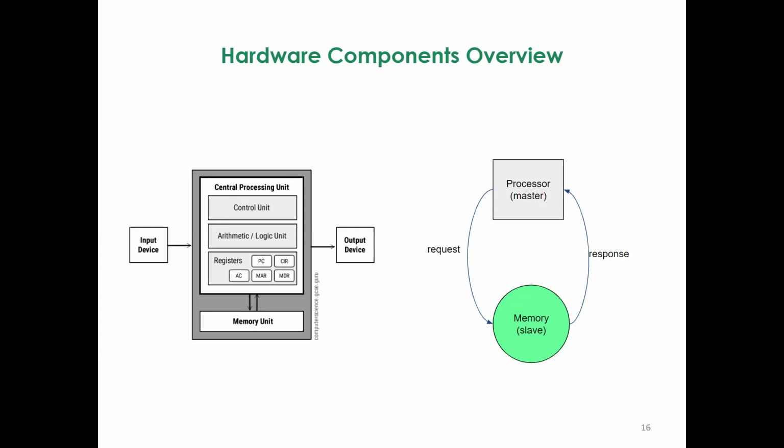All right, so that's the summary of the hardware components: the input devices, the output devices, the memory, the processor. And within the processor, we have the control unit, the arithmetic and logic unit, the CPU registers.